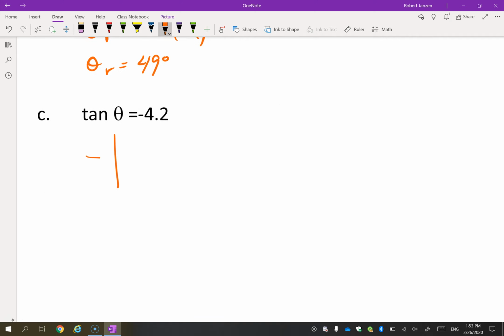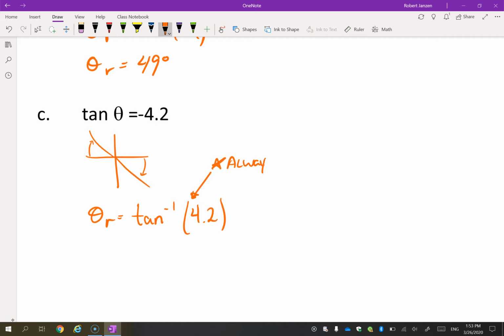Okay, where's tan negative? Here and here. So again, we're going to calculate the reference angle. So theta r, take the inverse tan of 4.2. Maybe this is a good time to make a note in your notes. Always positive.